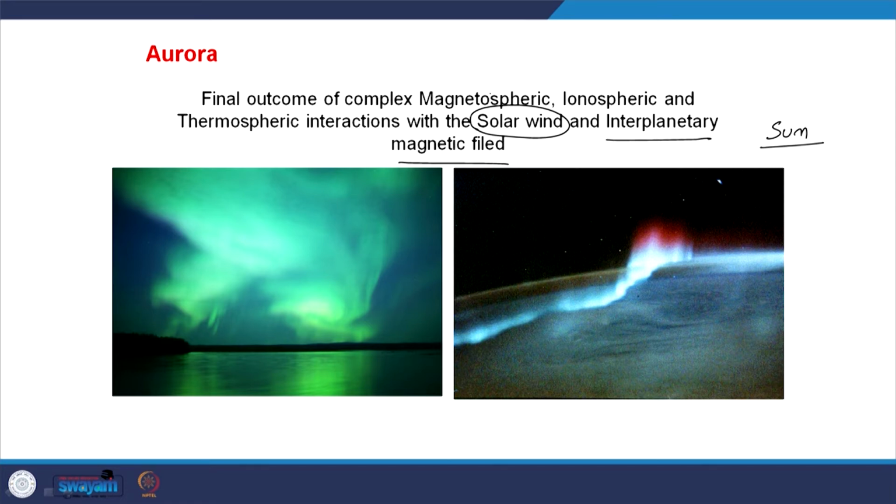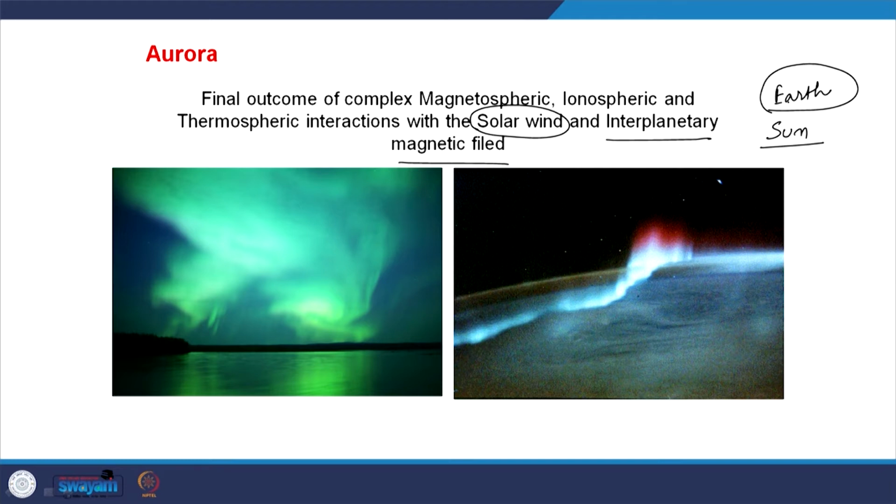And magnetosphere, ionosphere and thermosphere are regions of the Earth's atmosphere. So, when Earth's atmospheric regions such as these interact with the solar wind in the presence of the interplanetary magnetic field, the outcome of this interaction is generally called aurora.